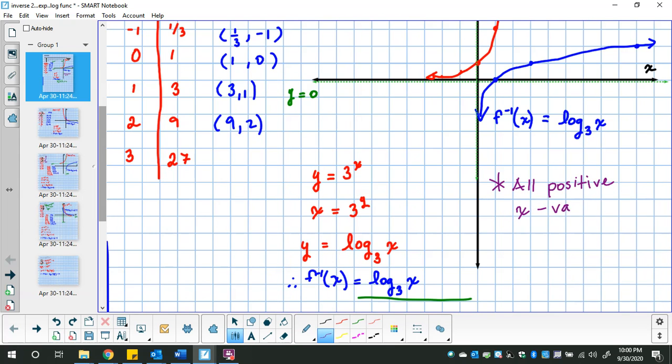That's it. There's no 0 x value. There's no negative x values. So even though I could say it in the negative, I've decided to keep it all positive.